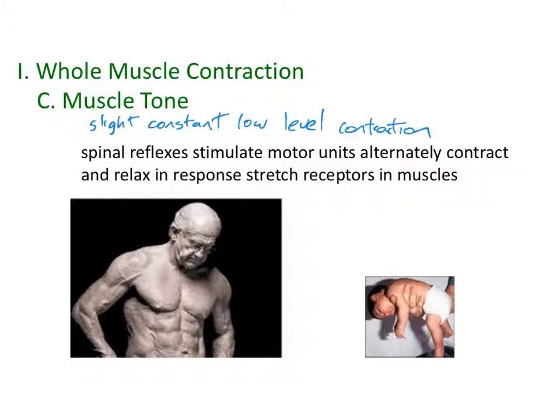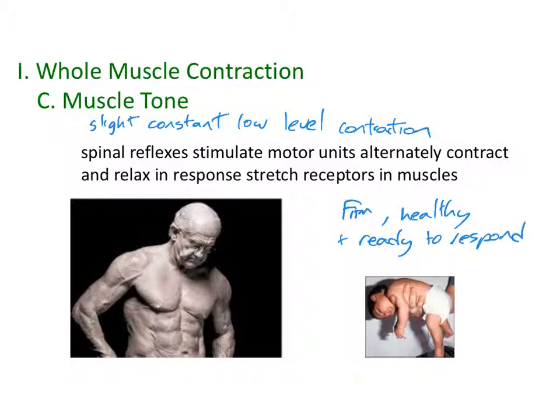This is maintained by spinal reflexes that stimulate the motor units in the muscle to alternately contract and relax, keeping some tension generated. What this does is keep muscles firm, healthy, and ready to respond to a stimulus from the brain.